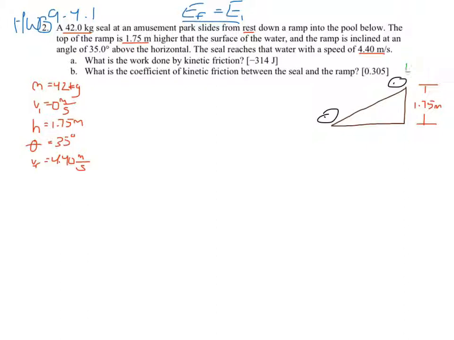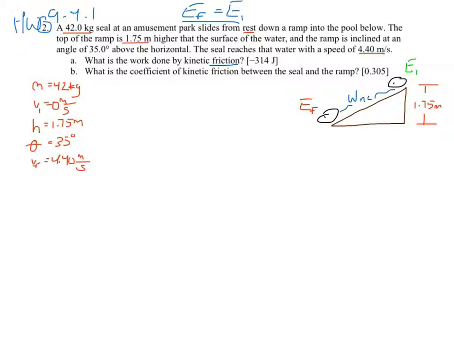I'm going to call this energy initial right here in green, like green for go. Energy final, I'm going to make that in red. And we see here that friction is taking place, so we know that there's going to be a loss of energy in the system. I'm going to call this non-conservative work that takes place as the seal is sliding down.